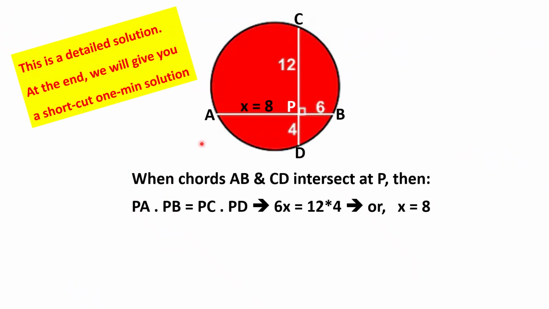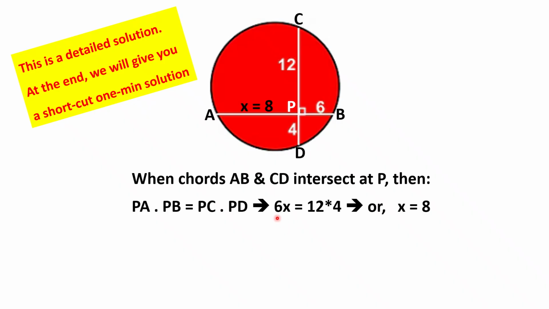Now, when two chords intersect, AB and CD are two chords intersecting at P, then the product of the segments are equal. When two chords intersect, the product of the segments are equal. So AP into BP equals CP into DP.